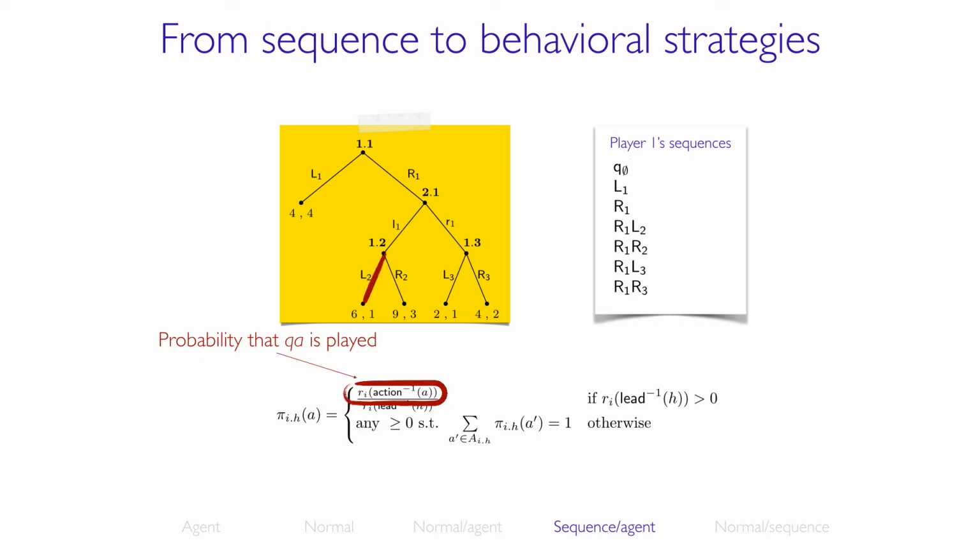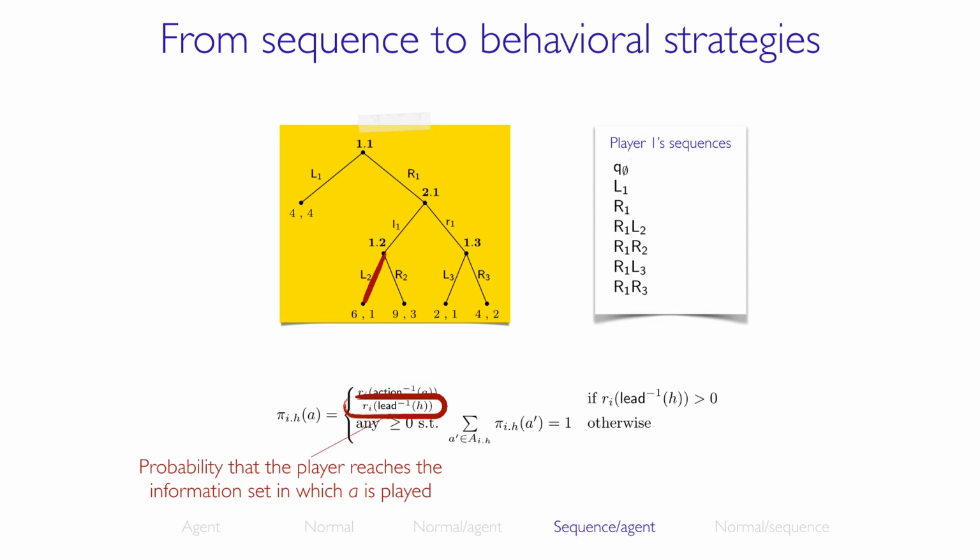Suppose that in the picture the action A is uppercase L2. The sequence terminating with action uppercase L2 is the sequence uppercase R1, uppercase L2. Consider the denominator. The sequence we need to consider here is uppercase R1, that is the sequence leading to the information set in which uppercase L2 is available.